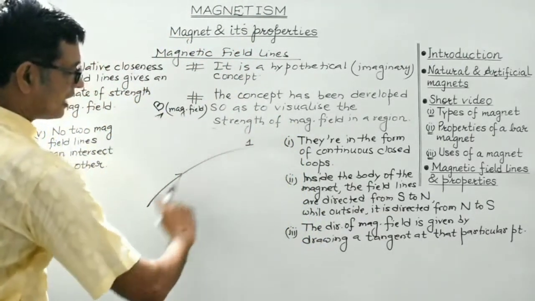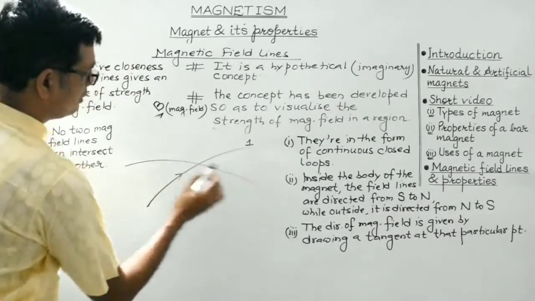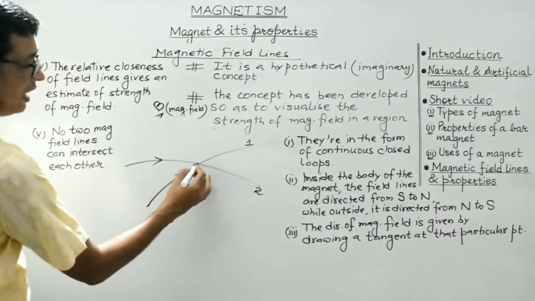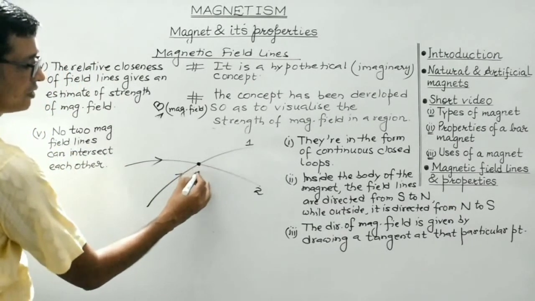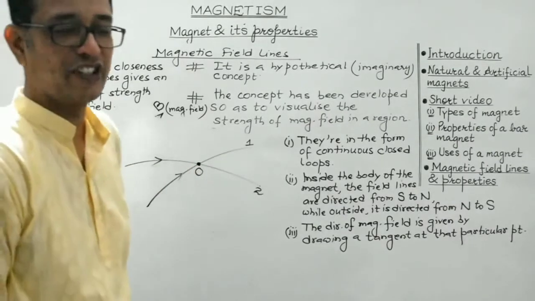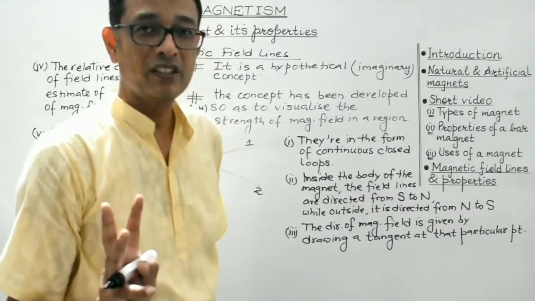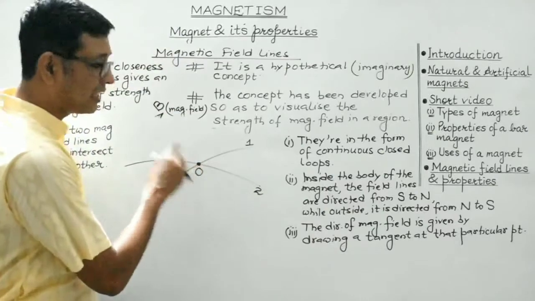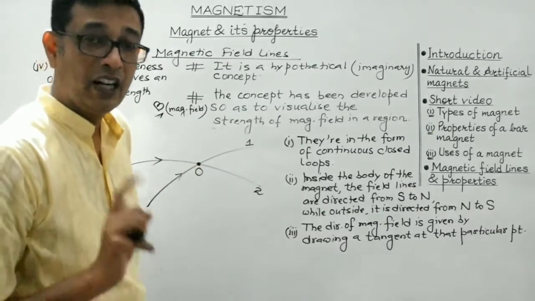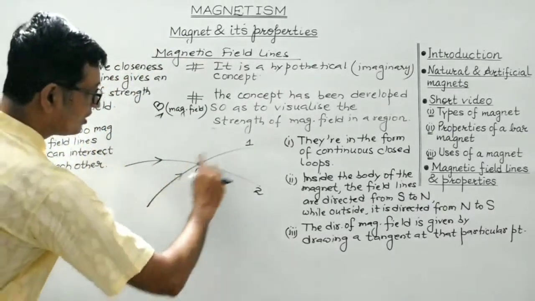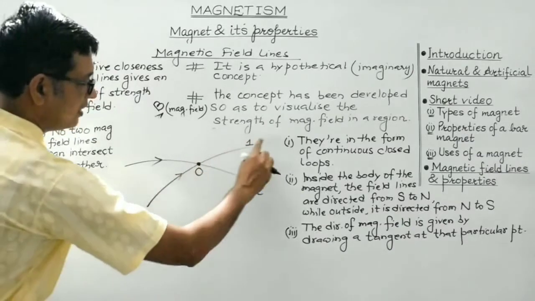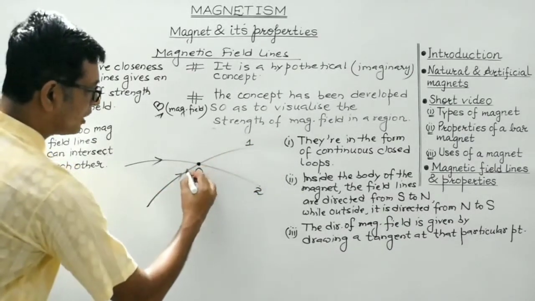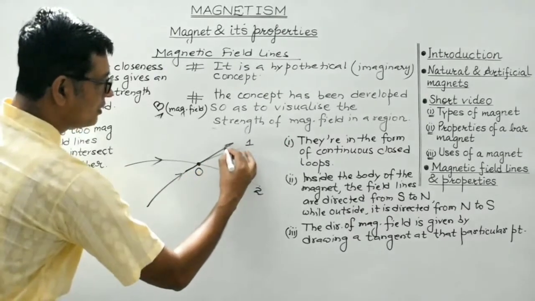So this is the first magnetic field line, and suppose this is the second magnetic field line, and this is the point of intersection. Suppose O is the point of intersection. Again I repeat, students, let us consider the two magnetic field lines intersect at point O. Now at point O, if you consider the first field line, then the direction of the magnetic field at point O due to the first field line will be given by drawing a tangent at this particular point.